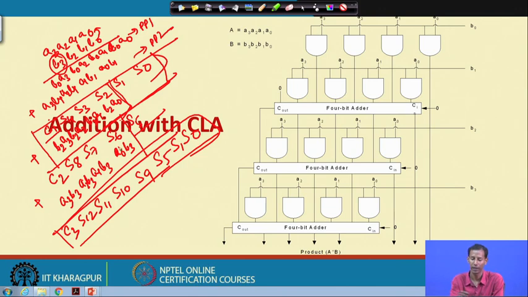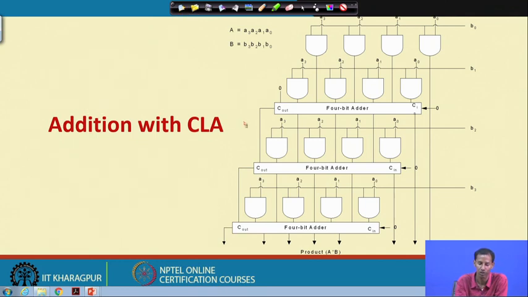So, in this manner, initially B0 is ANDed with all the bits of A, and B1 is shifted by 1 and all its bits are ANDed with A. They are being added using a 4 bit adder, and this has been done using the carry look ahead adder.